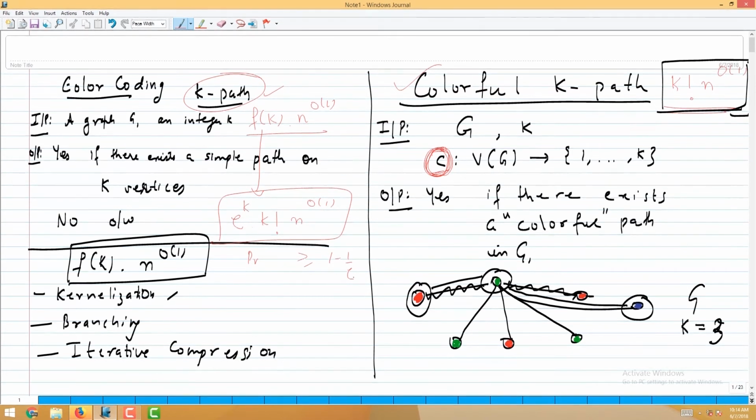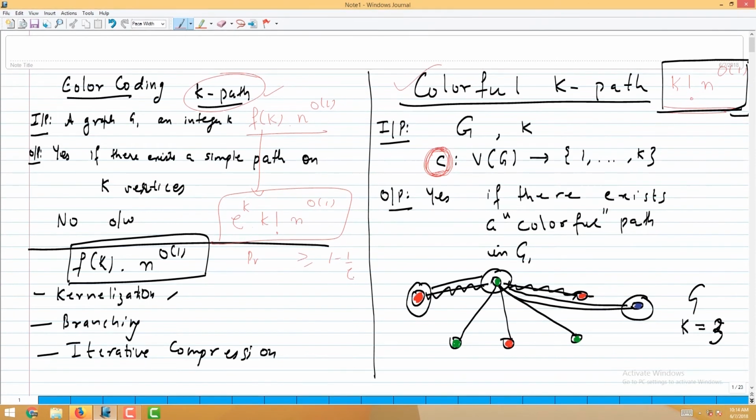In the general setting, what is this color coding technique? Suppose you want to find some sort of structure in the graph. Here we wanted to find a k-path. Suppose you wanted to find a k-cycle, or a particular tree on k vertices. So some k-size structure is what you want to find.